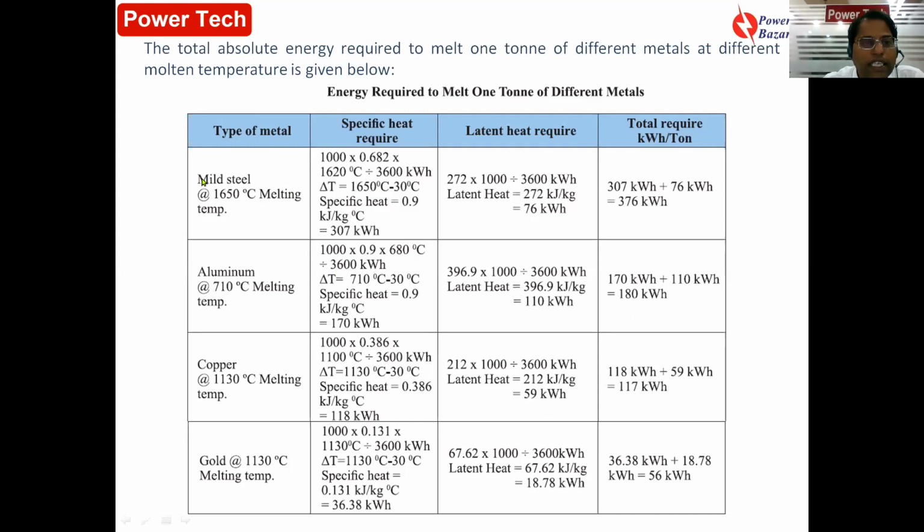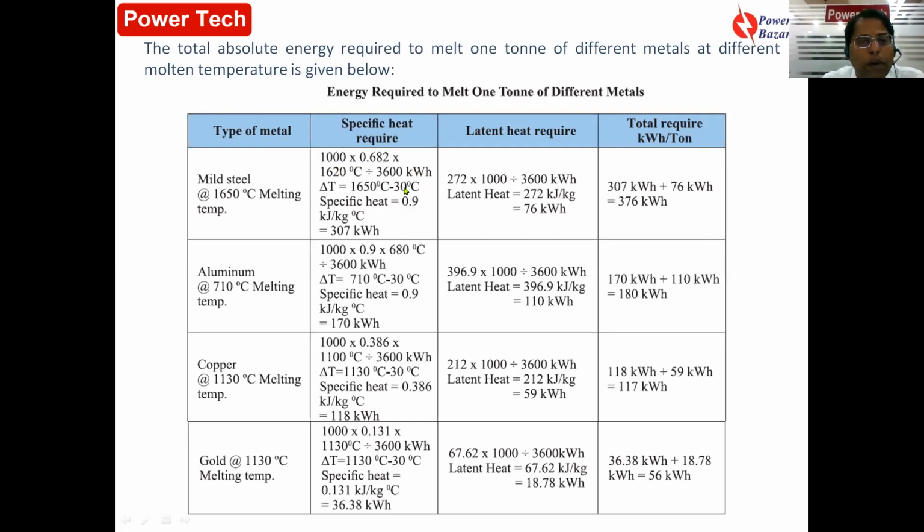Now let us take an example of mild steel. What is the melting point of mild steel? 1650 degrees centigrade. The specific heat is 0.682. So, for 1 ton of mild steel: 1000 kg into specific heat 0.682 into 1620 degrees centigrade, divided by 3600, gives kWh. From where did we get 1620?